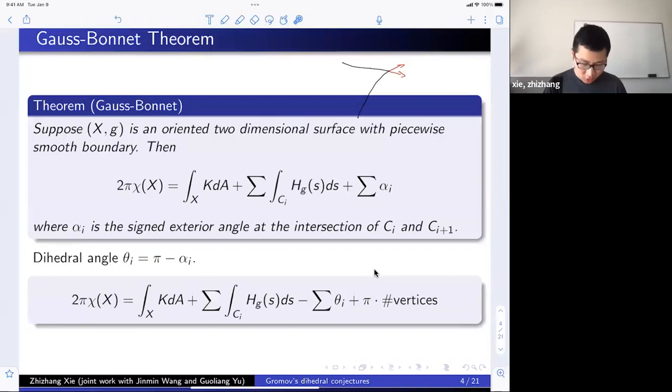So yeah, because you cannot increase these two terms and then decrease this term, because the Euler characteristic on the left-hand side, this quantity is fixed on the same X. Okay. So that's where the motivation, at least one of the motivations, for these two conjectures of Gromov.